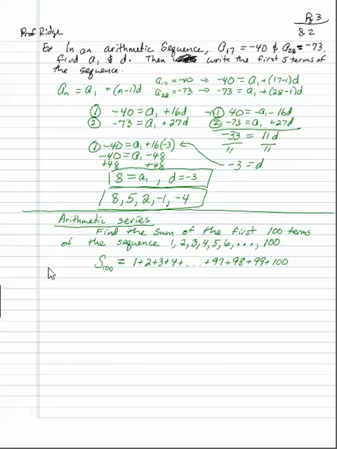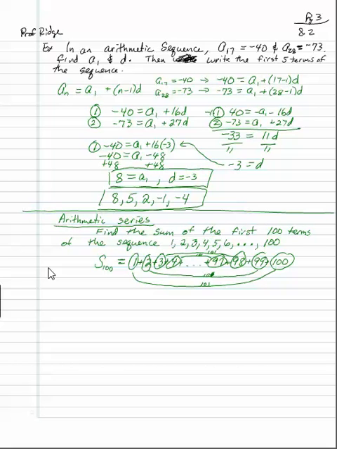Now, the thing to notice, if you take the first term and the last term, that equals 101. And then you look at the second term and the second to last term, that equals 101 also. And then 3 plus the 98, that's 101. And then the 4 plus 97, that's also 101.